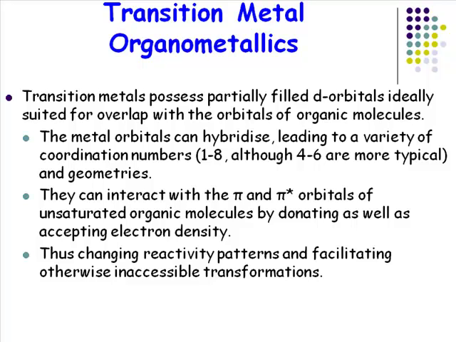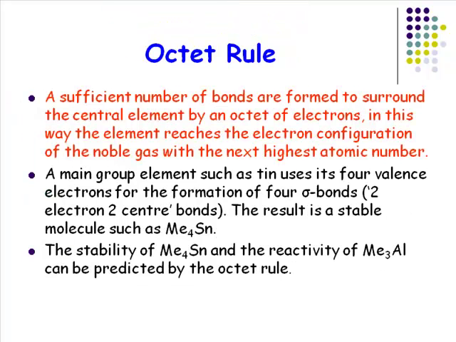Now, if you consider a situation where you are donating electron density from the metal to the ligand, if you pump electron density into the ligand, then instead of making it more attractive towards nucleophilic reagents, it will become more attractive towards electrophilic reagents. And that's the basis of catalysis. You can change the reactivity of your organic substrate by coordinating it to your transition metal centre.